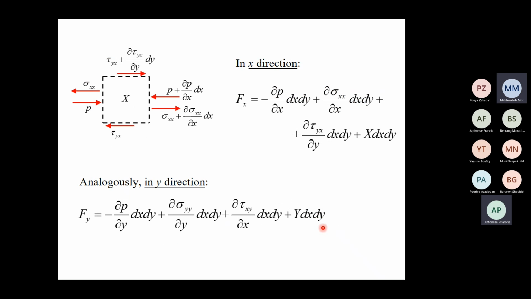Sorry, Professor, but about the P around the X, I think that P is minus P because the direction is toward the minus X. Am I right? It's minus here, but in the picture it is positive.